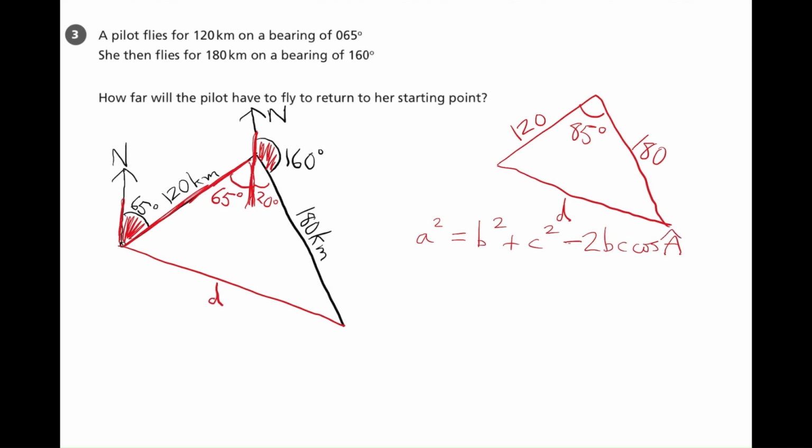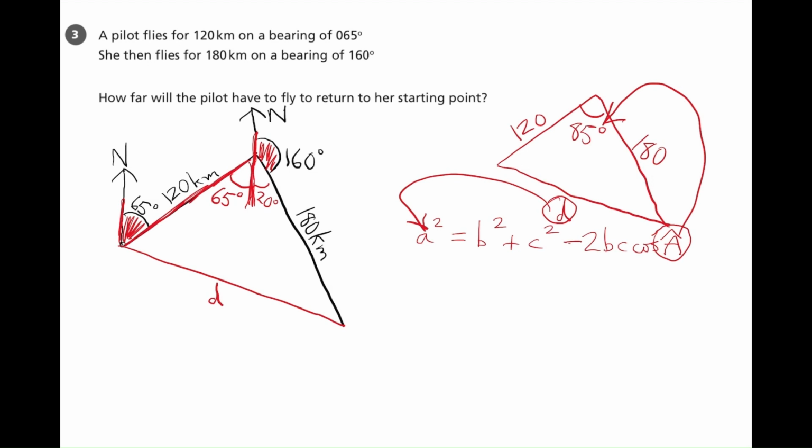So in our triangle, the side we're trying to find, D, takes the place of the little a. So the big angle A will be the angle opposite D, which is the 85. The B and the C in the formula will be the 120 and 180, and it doesn't matter which way round you substitute them.